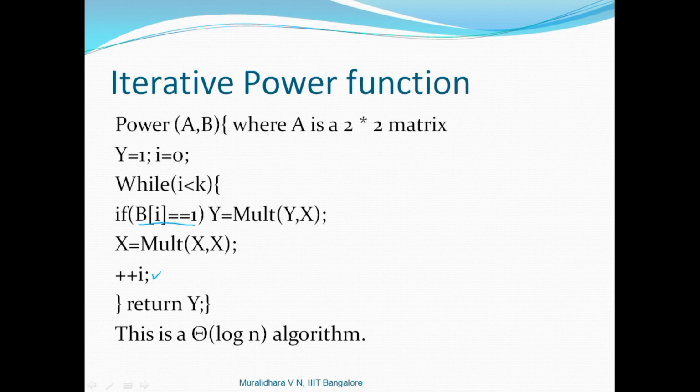Since it's a long array in binary representation, I start passing from one end to the other. i is equal to i plus 1 will implicitly do the same work as n is equal to n by 2. So this algorithm will compute A to the power n, where n can be a very large number, and we are assuming that we are given the binary representation of n.